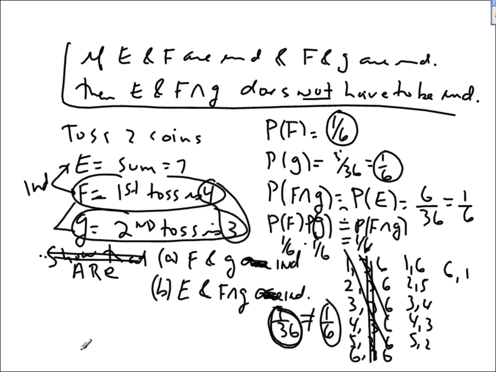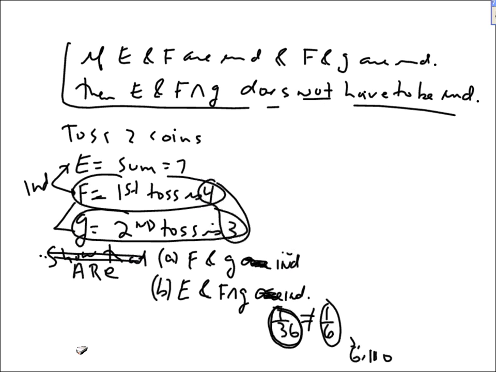Now, what about E and F intersect G? Let us get a little bit more room going. We'll try to use the information that we learned from part A. When we do stuff, we already have the answer.